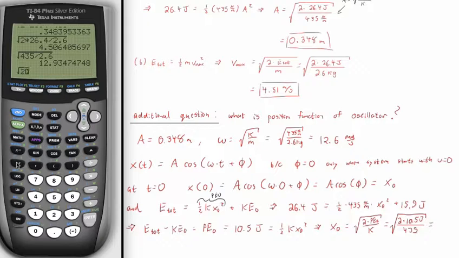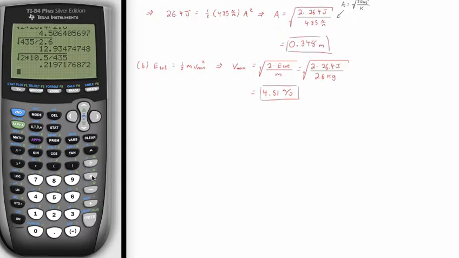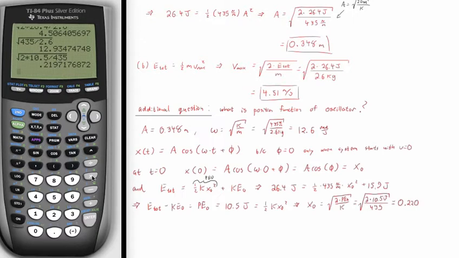So 2 multiplied by 10.5 divided by 435. All right, 0.220. Okay. And I'm just going to do one other quick resize as we're running out of space. There we go. And that's meters.